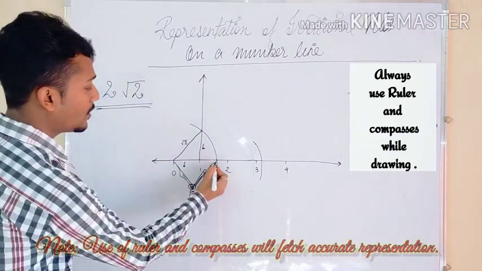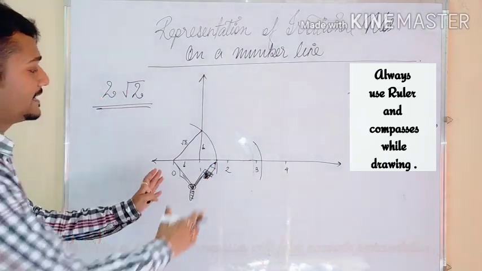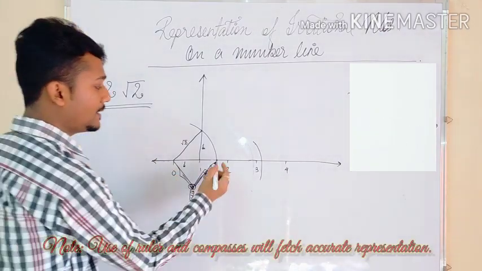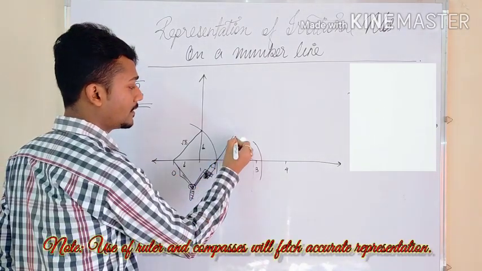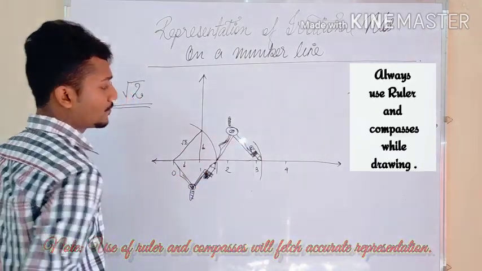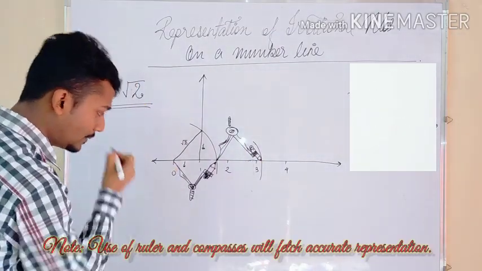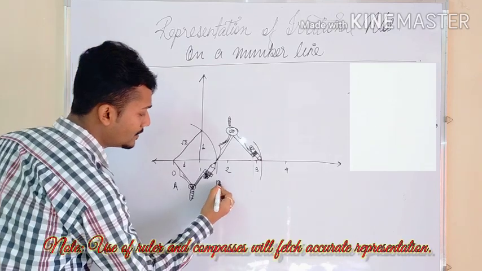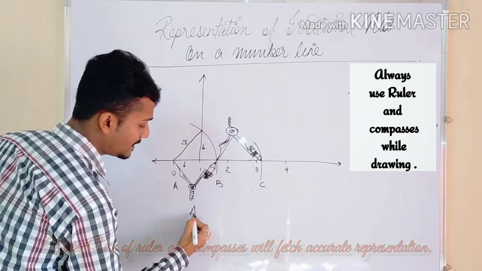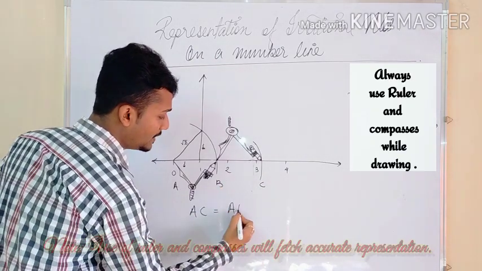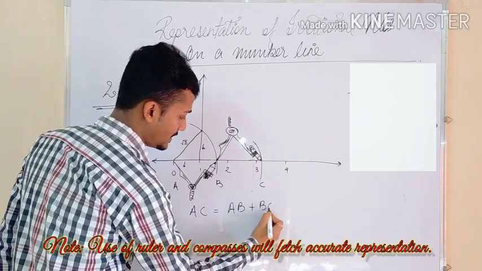So you will place the compass here, take the measurement root 2, then again place it here and draw the arc. That means while writing, how will you write? A, B, C. AC is equal to AB plus BC.